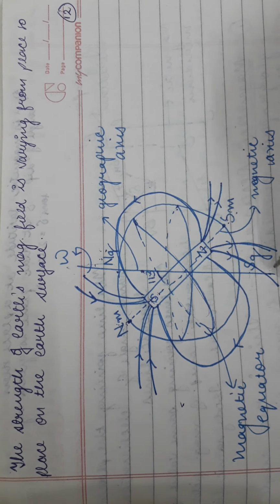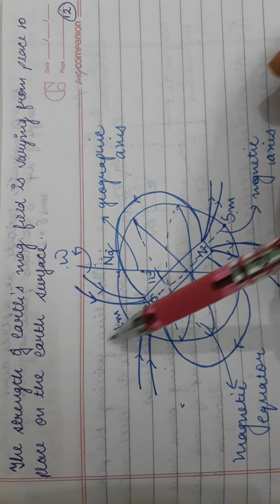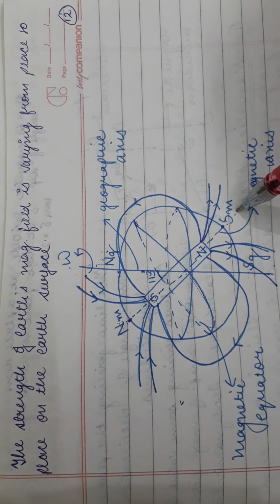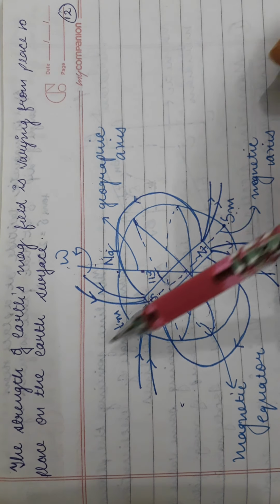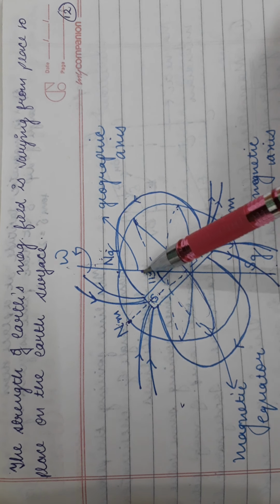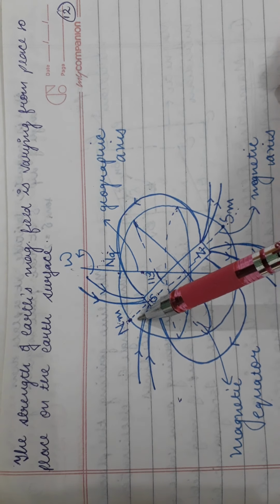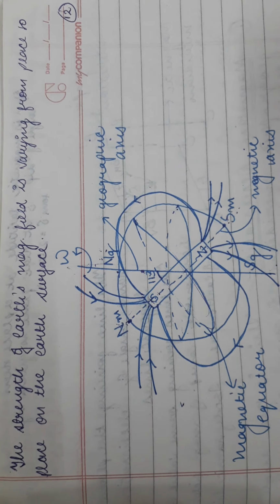So these are the two vertical axes. Now the important thing is that the geographical axis and magnetic axis do not overlap or coincide with each other. There is an angle between them, 11.3 degrees towards the west.